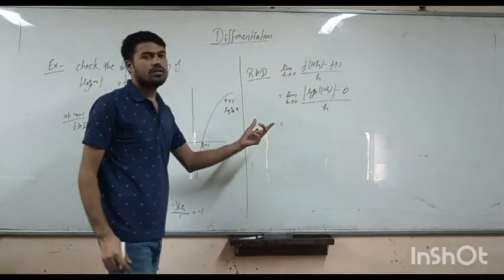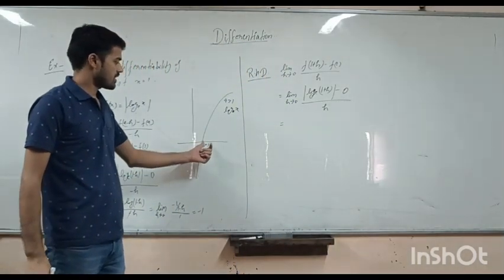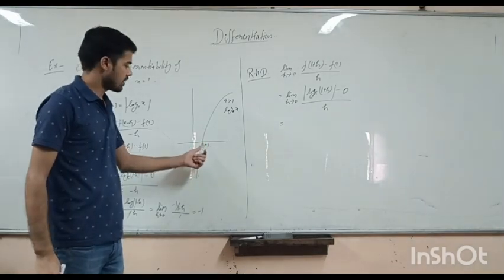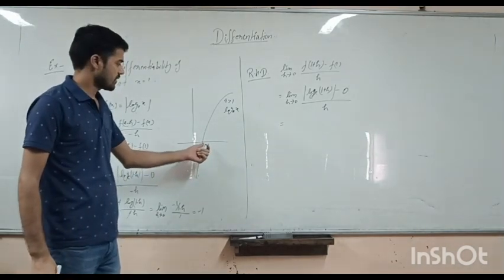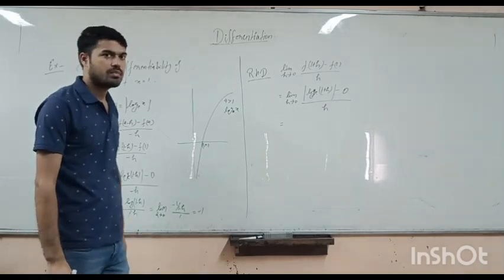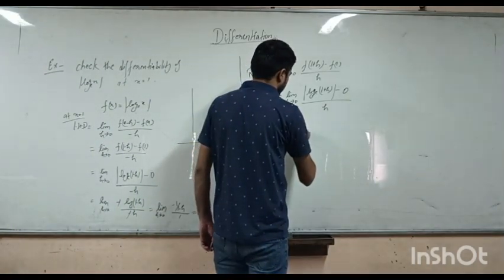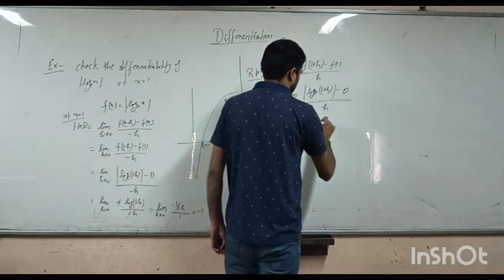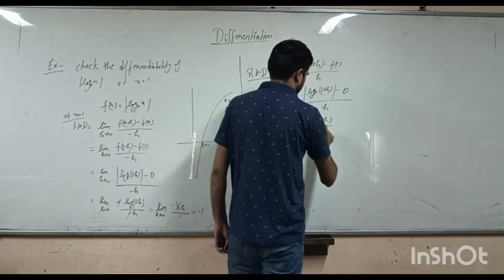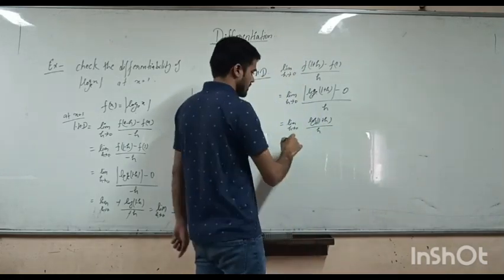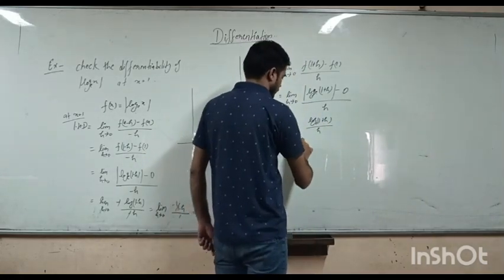Now we can see the value of log 1 plus h. Log 1 plus h will be after x equal to 1, so the value of log 1 plus h will be positive. So we can just take it out from mod. Log 1 plus h divided by h. So this is becoming a 0 by 0 form.